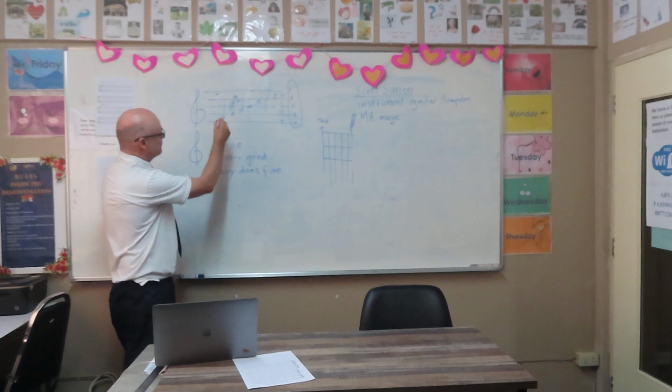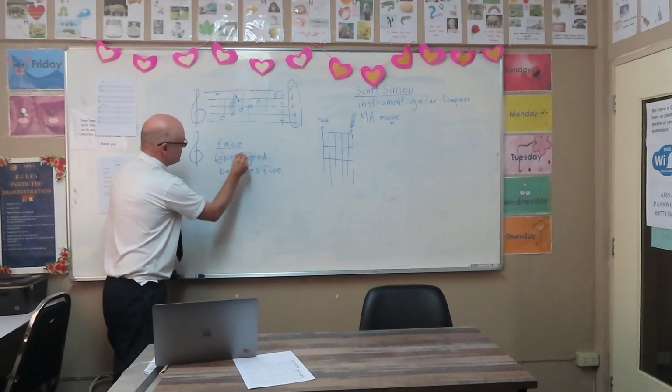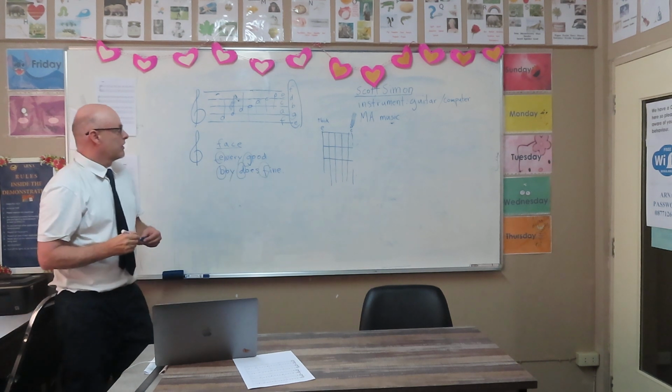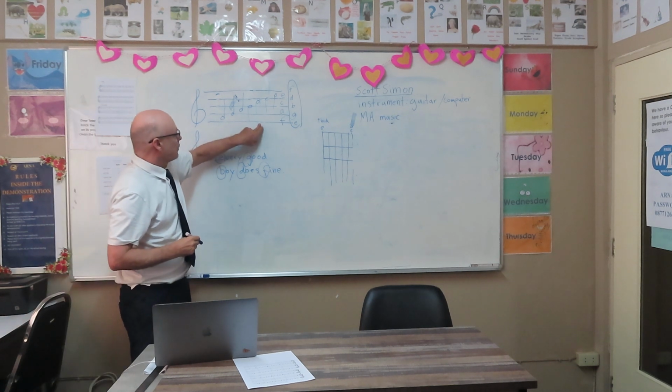So just knowing that that's between the gaps there, and then E, G, B, D, F is our every good boy does fine, which is a memory for the lines.